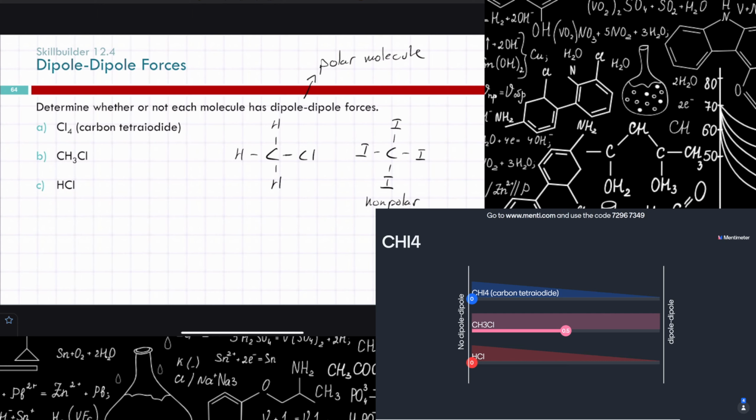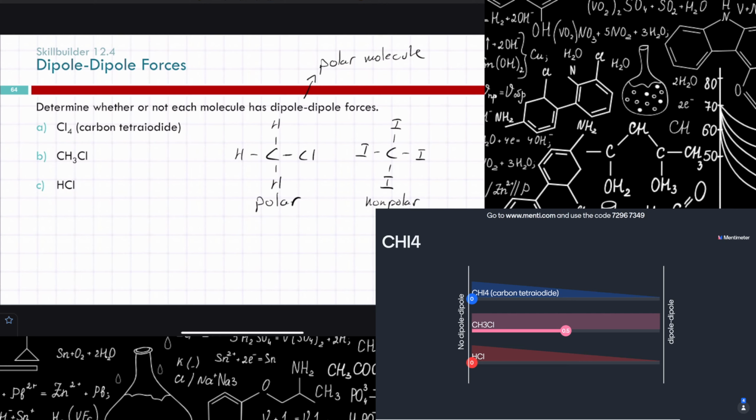Again, here we have no lone pairs, but unlike the CI4, we have chlorine and 3 hydrogens. These are not all identical, and chlorine is more electronegative than hydrogen, so this one is going to be polar.